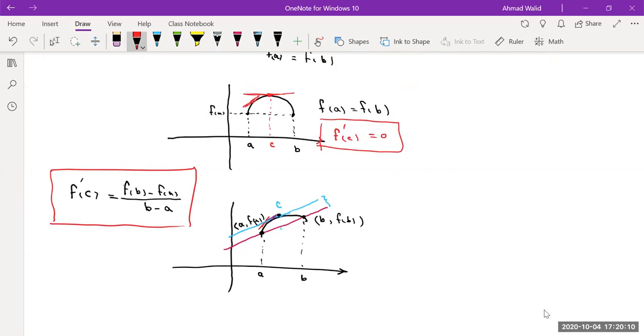The idea is the same in both theorems. The only difference is here your f prime C is equal to 0, immediately, because the line is a horizontal line. But in this curve, you have to make the first derivative equal to the slope of the secant line. This one we call the mean value theorem, and the first one we call Rolle's theorem.